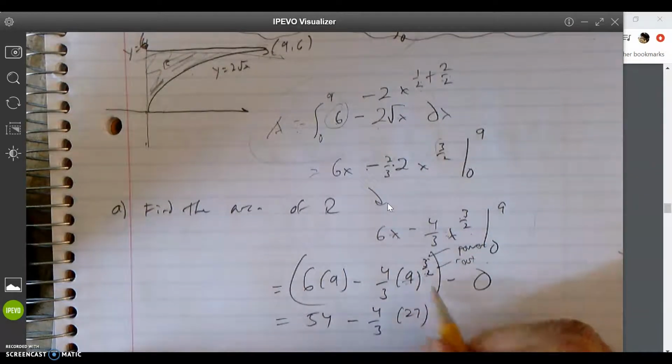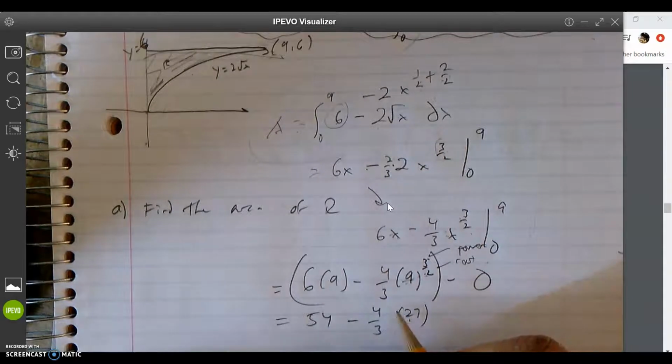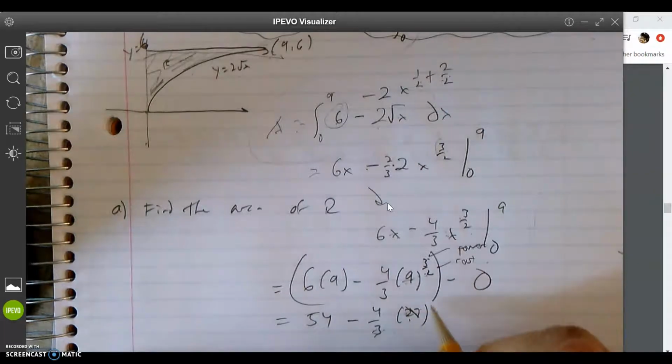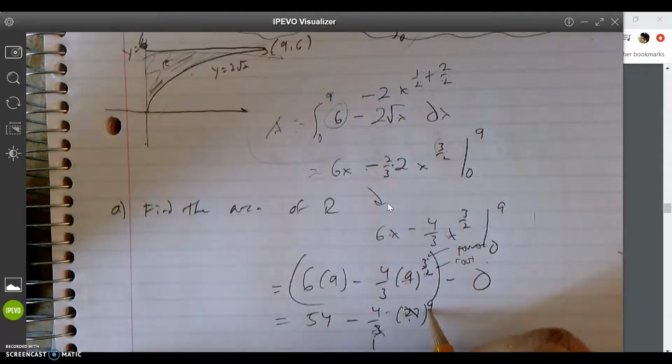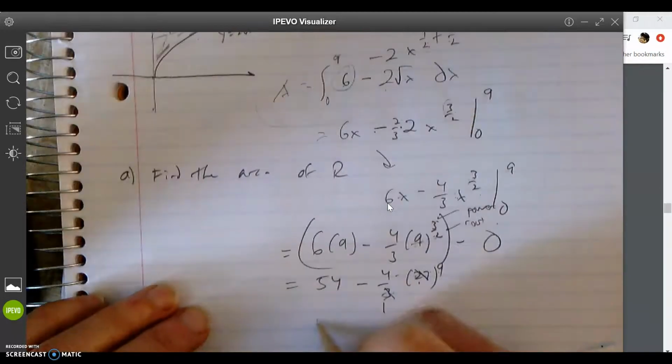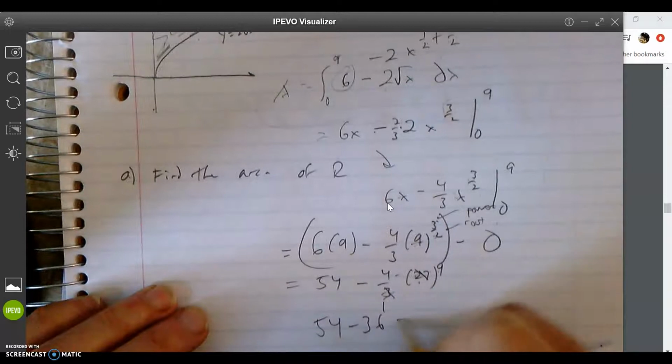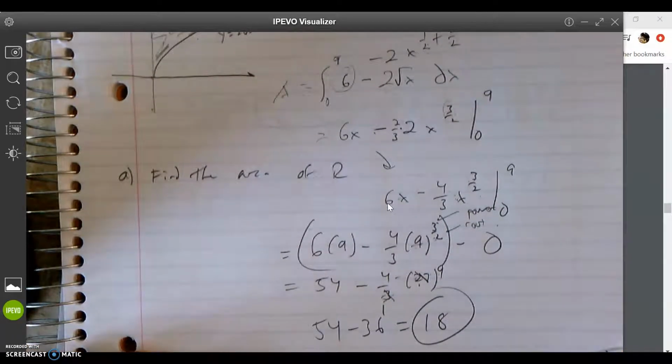So 9 to the 3/2 power is 27. Then 27 divided by 3 is 9, and 4 times 9 is 36. 54 minus 36 is 18, and that's how we get the answer.